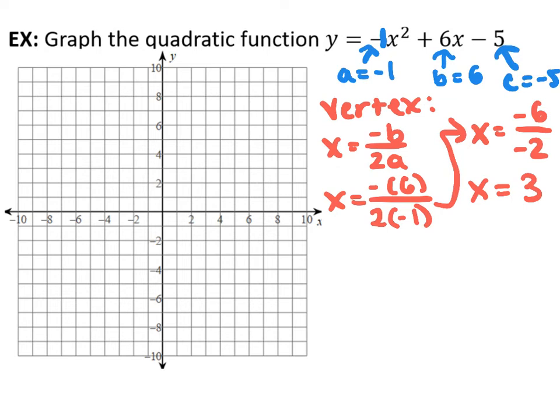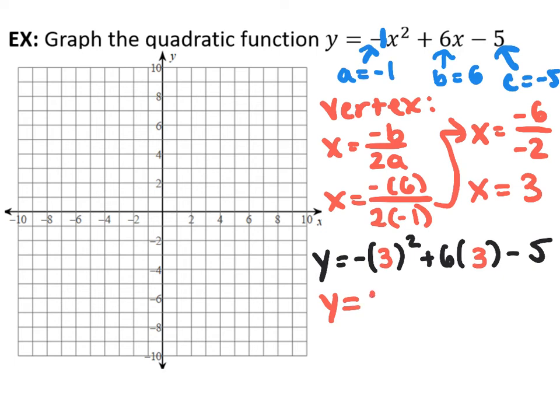Now if we plug back into the original equation, we have y equals negative times x squared plus 6 times x minus 5. And we're substituting that 3 for x. If I plug that whole thing in your calculator, you would get 4.